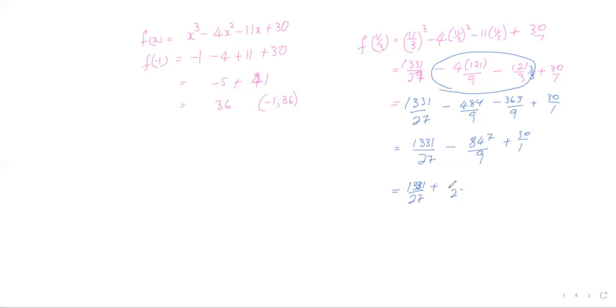It's going to be 27 times 30, 810, minus 847 over 9. I multiply here by 3, I multiply here by 3, so you must multiply by 1. Now everything becomes common by denominator, which is 27.